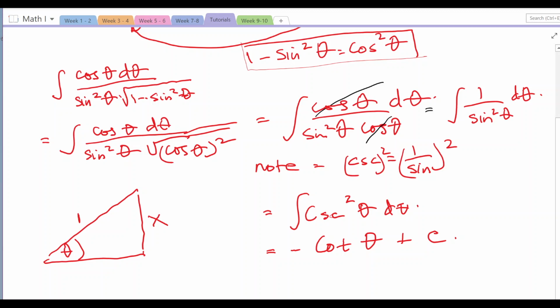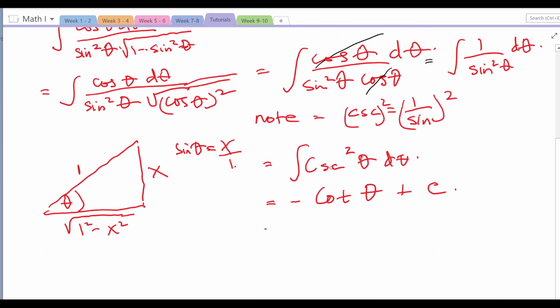So sine theta equals x, the opposite side length, divided by the hypotenuse of 1, or x over 1 if you like. Therefore the length of this adjacent side is the square root of 1 squared minus x squared, or simply the square root of 1 minus x squared.